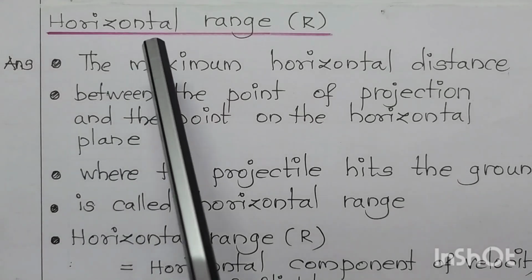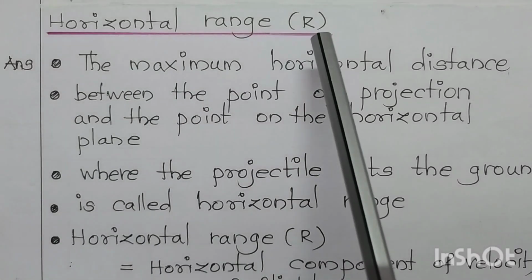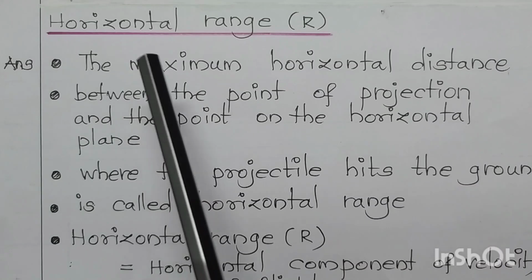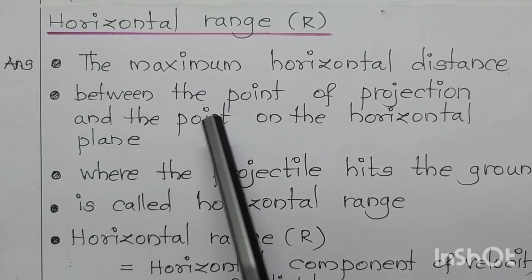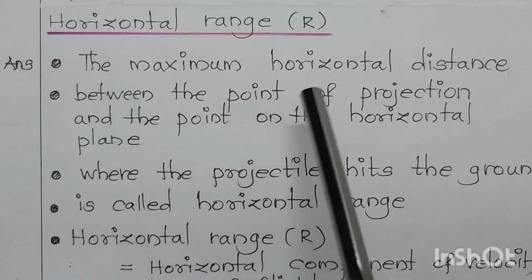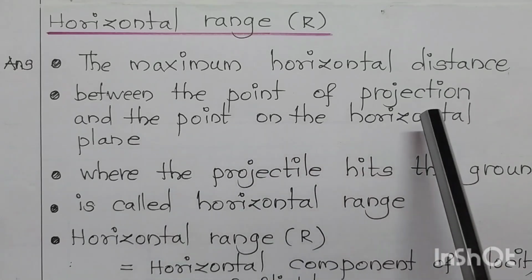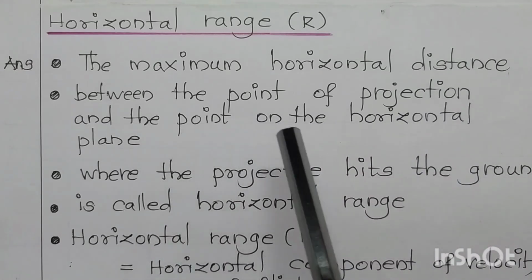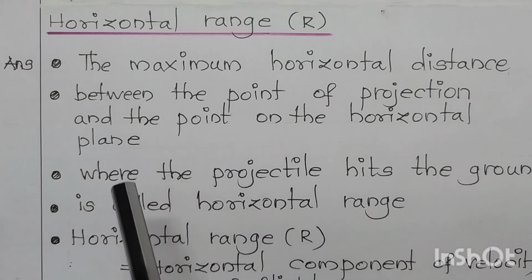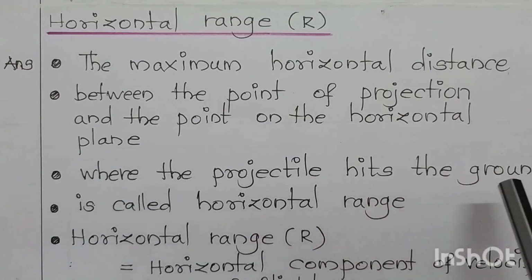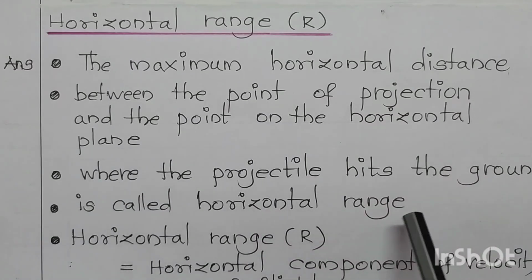Now, horizontal range, that is capital R. First, let us define it and then we go for the expression. The maximum horizontal distance between the point of projection and the point on the horizontal plane where the projectile hits the ground is called horizontal range.